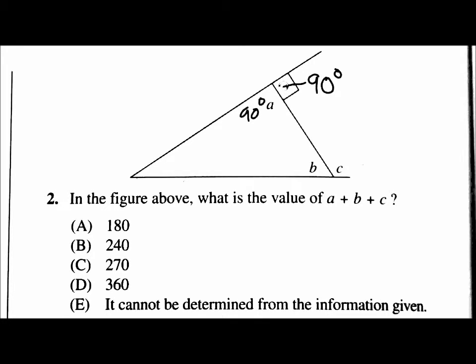So let's just write that. A equals 90 degrees. And we know that these two angles down here, B and C, because of the supplementary rule, they have to add up to 180 degrees. So we know that B plus C equals 180 degrees.